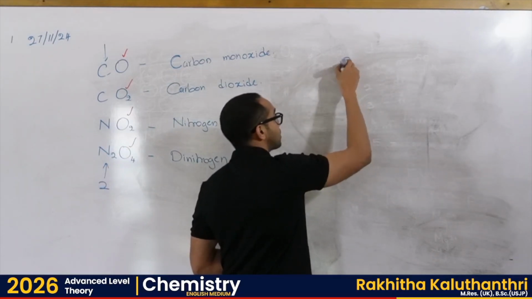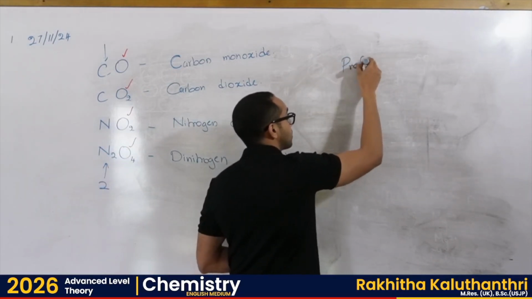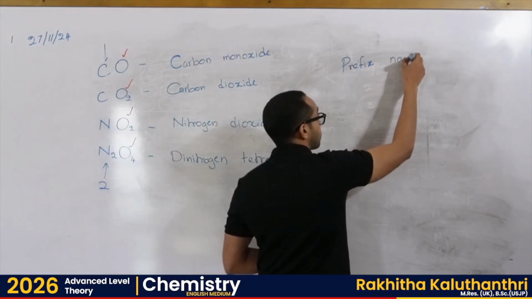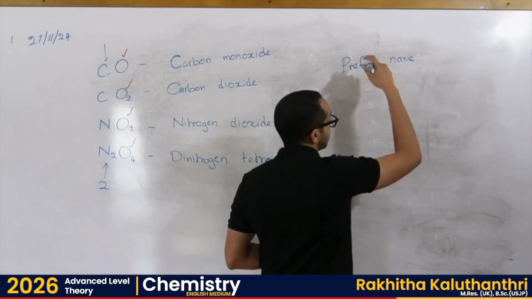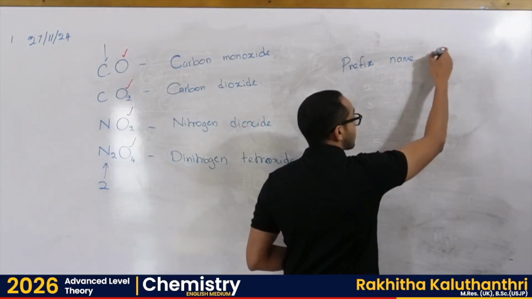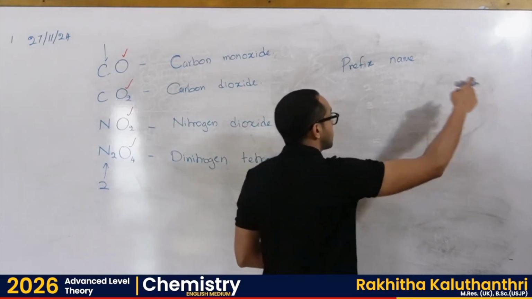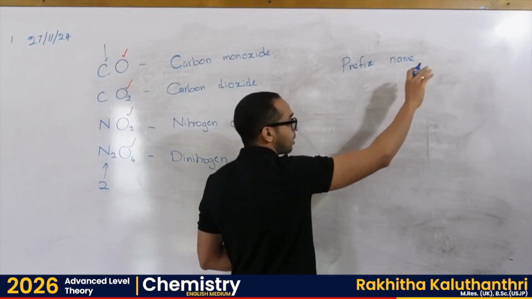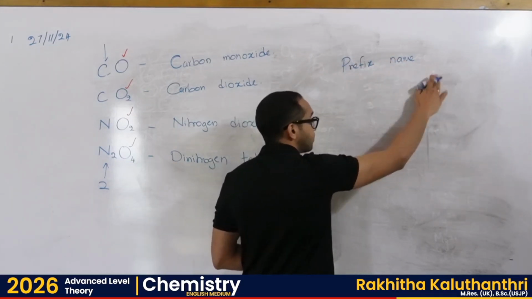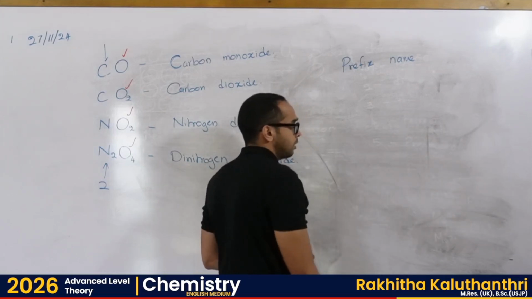So that is a prefix and the name of the element. In certain cases, especially for the more electronegative element, you will also have a suffix, which is the IDE suffix, but we'll hold on to that part for the time being. So we have the prefix and the name of the element.